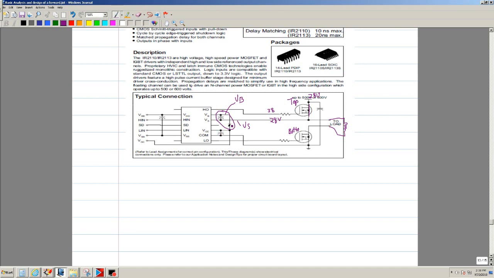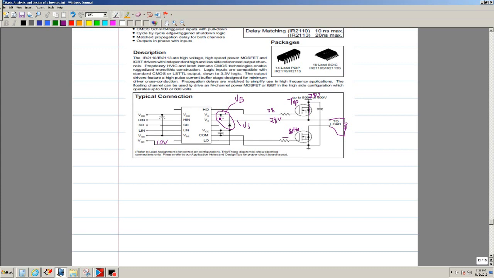Well, this diode, if you look in here, this is your VCC. This powers the bottom one, and let's assume, just to make it easy, 10 volts. When you turn it on initially, this will turn on, and if this is connected to 0, some of that voltage gets stored in this capacitor.